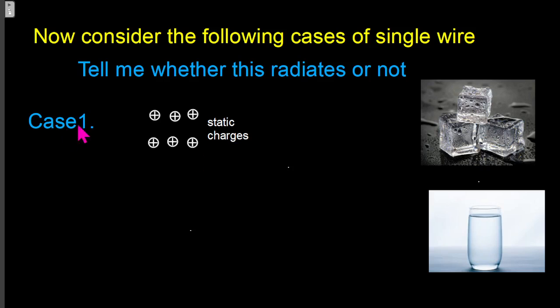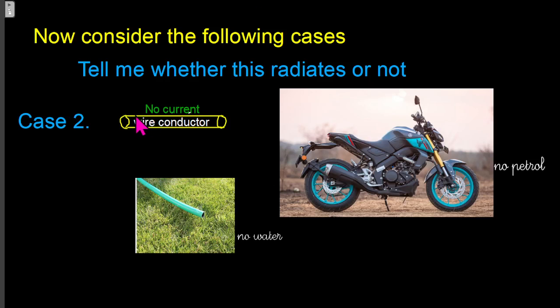Here you have case 1, in which we have only the static charge. There is no acceleration or deceleration of charge, so it won't radiate. Case 2, you have the wire but there is no current, no AC current, so it won't radiate.